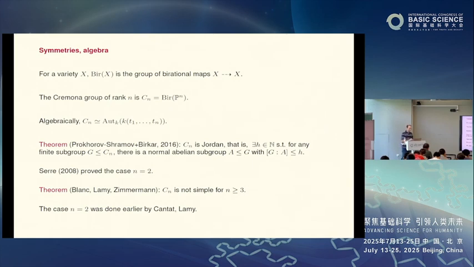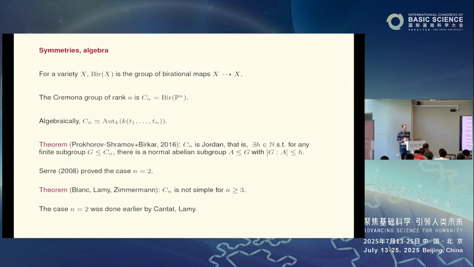So one of the things that was proved only in the last 10 years or so is that these kinds of groups satisfy very nice properties. One of these properties is called the Jordan property. The Jordan property means that if you look at all the finite subgroups, they of course may not be abelian, but the Jordan property says that they cannot be too far from abelian.